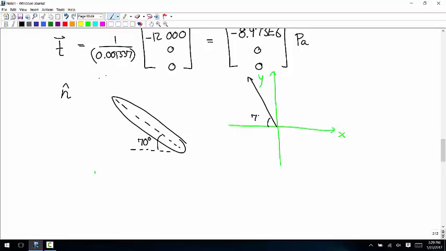So this angle is 70 degrees. And the outward vector we want is 90 degrees from that. So backtrack 90 from there. Yep, and so theta for this is plus 20.